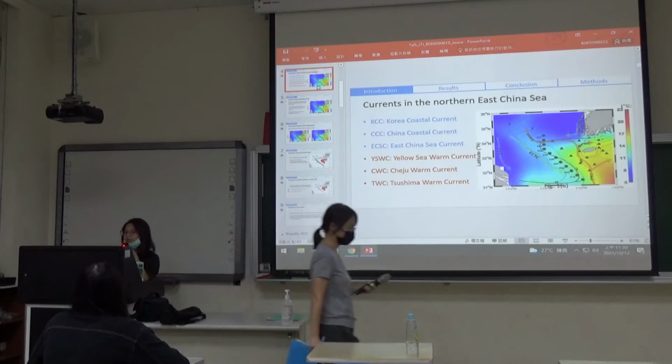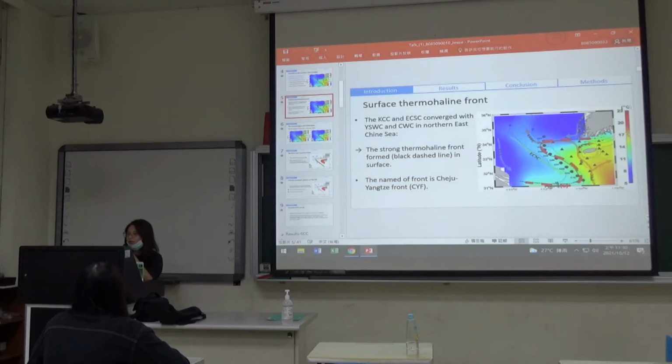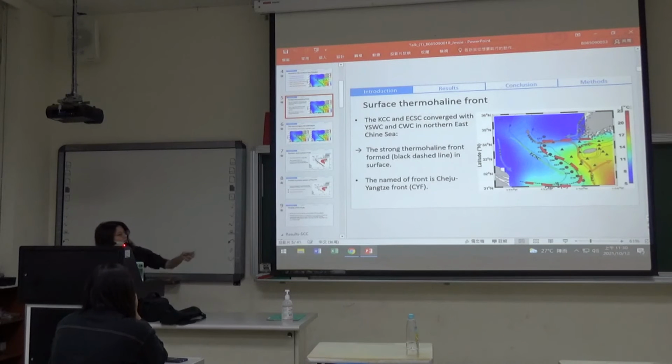As you see, these currents are connected. Sorry, the fronts are connected, the northwest part of Jeju Island and the southwest of the Changjiang Bank, because there is a current here and here transporting low temperature water toward here, and so we form this frontal structure.